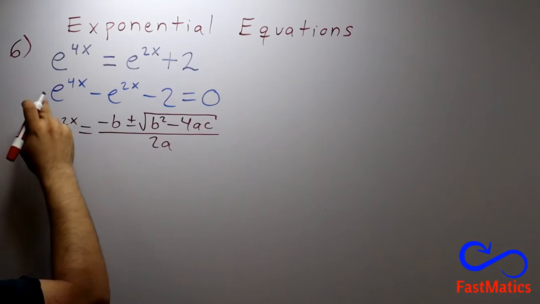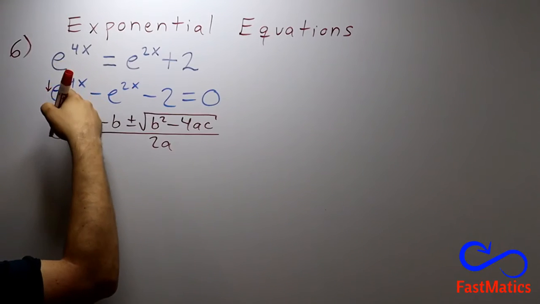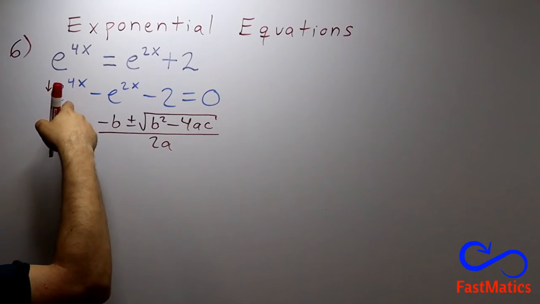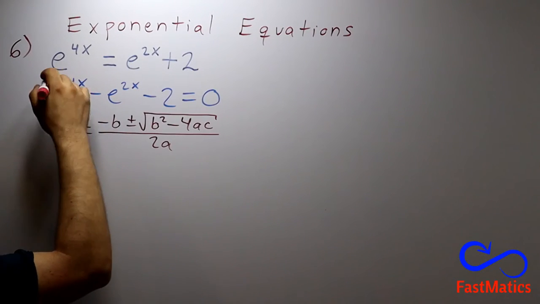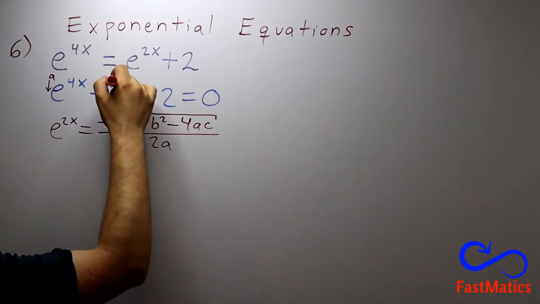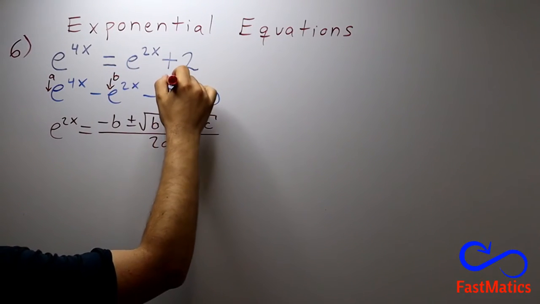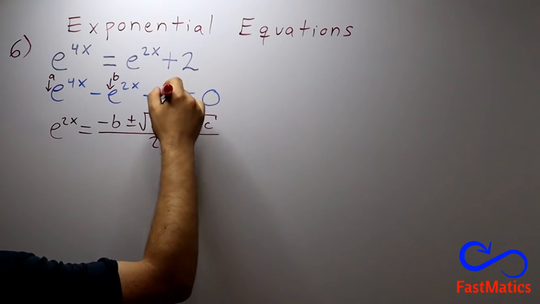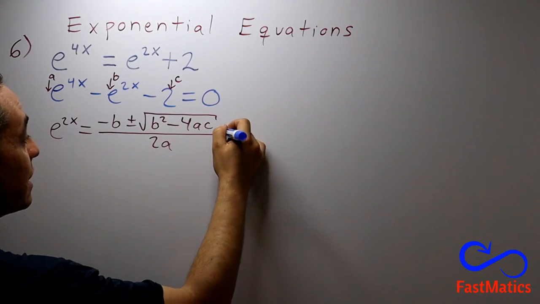Remember that when you have a quadratic form, the coefficient of the term with the highest exponent will be a, the coefficient in the middle will be b, and the coefficient that is alone without x will be c. Then we are going to copy the coefficients.